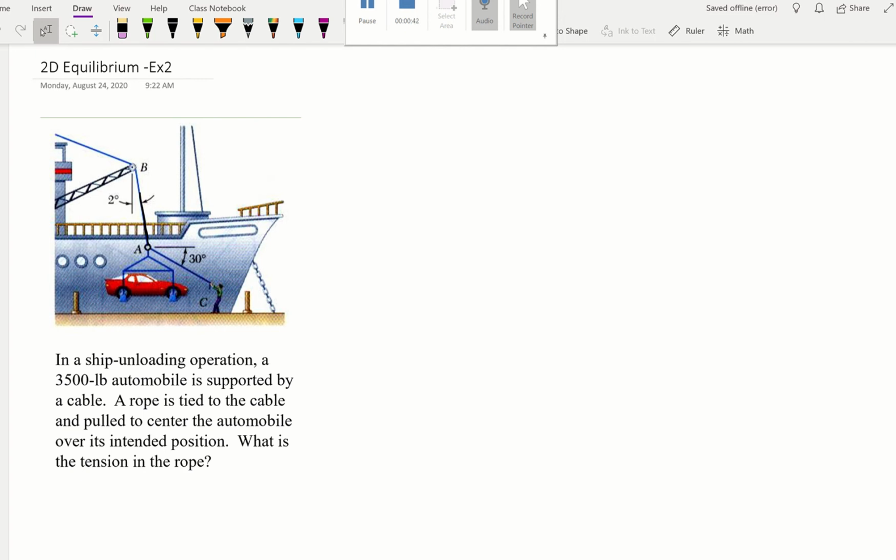So how do we solve this problem? The first step is we're going to look at the FBD. I don't intend to draw the automobile, because all I need to care about is point A, since all the forces are acting at A. So we have the weight of the automobile.